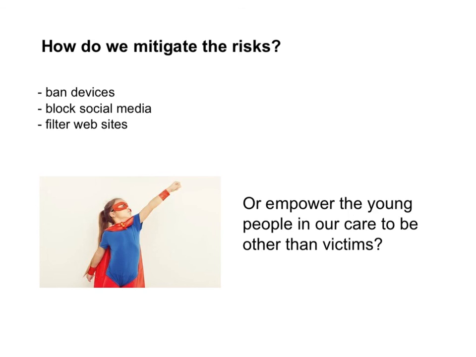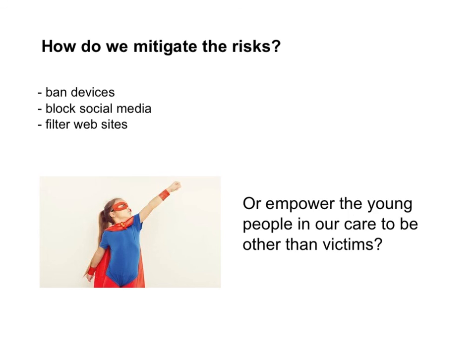One other thing to consider, and this is a reasonably controversial statement, and one that Jennifer Masters talks about, is that the instances of the dark and dangerous side of the internet are reasonably low by comparison to the number of interactions that young people safely engage in.